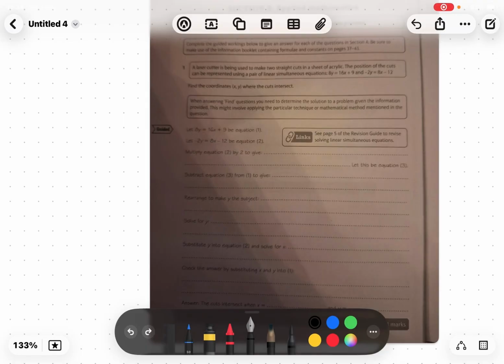So, first of all, here's what we have, and we have to find what y and x are. Usually in an exam, you check what you can do to make one of these the same, either y or x. You can make the y's the same, but that's too much effort, because you have to times by a minus number. So the right thing to do is to get these the same.